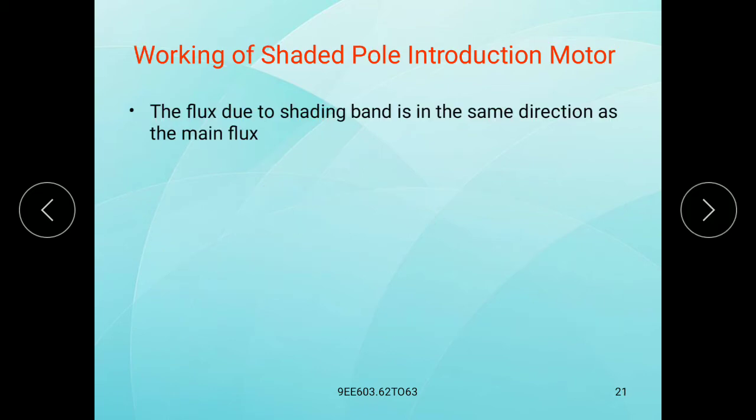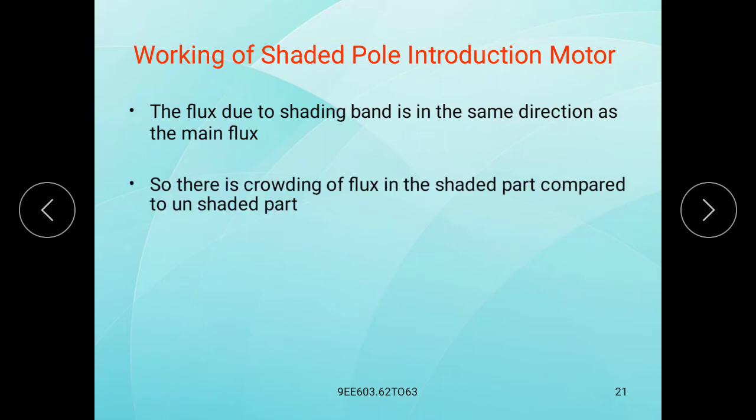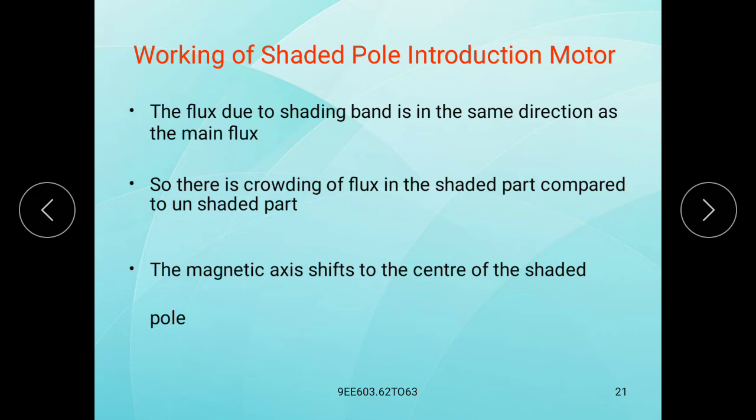So, the flux due to the shading band is in the same direction as the main flux. There is a crowding of flux in the shaded part compared to the unshaded part. The magnetic axis shifts to the center of the shaded pole.